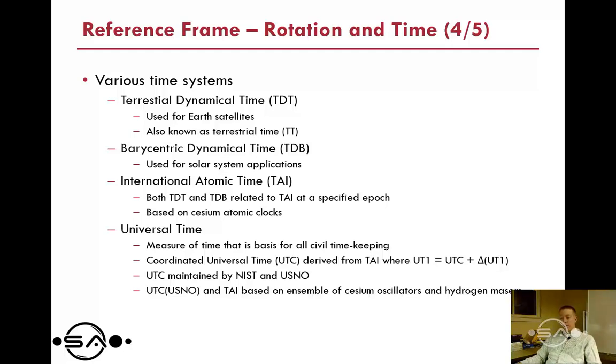So the National Institute of Standards and the United States Naval Observatory will maintain those, and Universal Coordinated Time, which is our basis for all civil timekeeping. The difference between International Atomic Time and Universal Coordinated Time is related through the change in period of the rotation of the Earth, where UT1 is equal to the Universal Coordinated Time plus the change in that period for universal time.